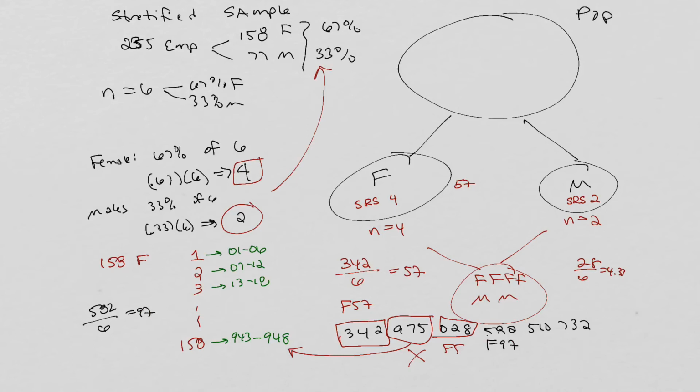The next triple digit number is 510. Divide that by 6. Divides out evenly to 85. Right? So in my sample over here at the end, I would put in there female 57, 5, 97, and 85. Right? And then I would go over to the male group and pull out a sample of size 2 from those 77 males.